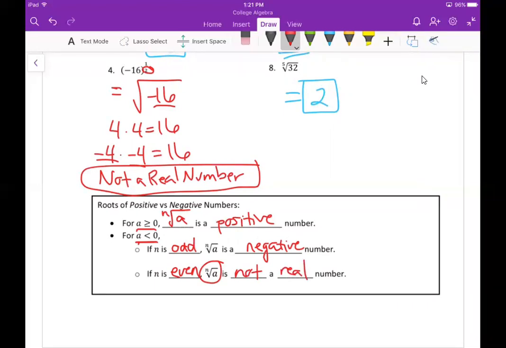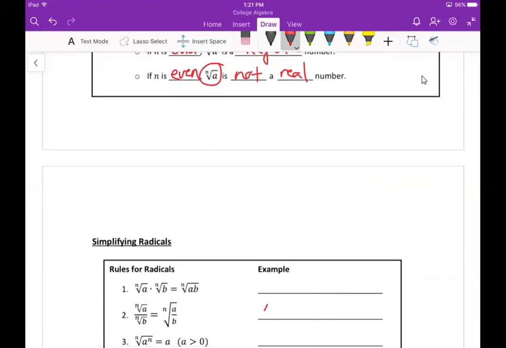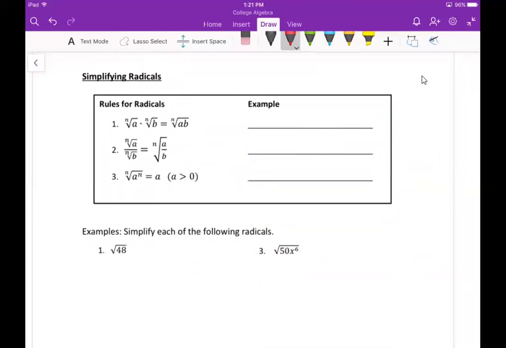All right, so getting into roots, we're looking for what we took to that power of the root to get to the number under the root. The other thing that we can do is, if we have factors inside of something that is not a perfect root, but the factor is a perfect root, we can start to pull those perfect roots out because we have these rules for roots and also for exponents.